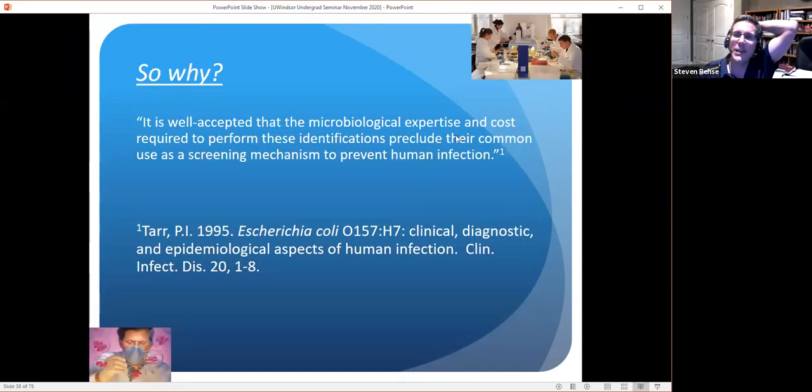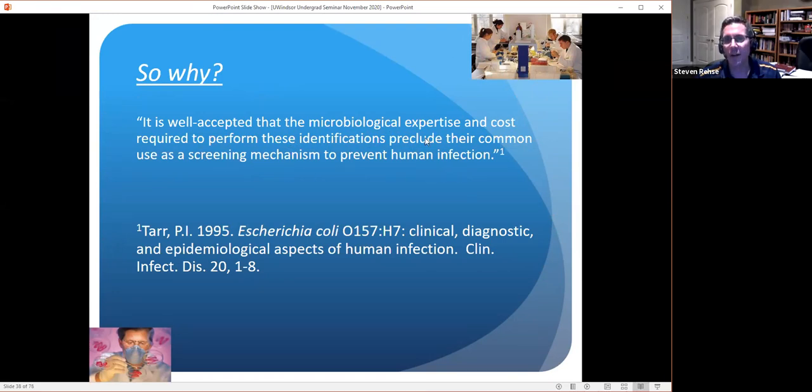So why do we not have a technology? Although we can certainly identify bacteria in a lab, it looks like this when they do it. Why can't we do it right on the scene and say, oh yeah, that's a bacterium? Well, when you talk about foodborne contamination, why do people still get sick and die of food poisoning? The answer is, from this reference, it's pretty well accepted that the microbiological expertise, meaning you need PhDs in microbiology, and cost required to perform these identifications preclude their common use as a screening mechanism.